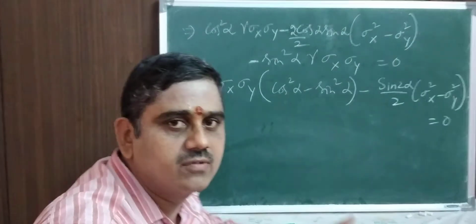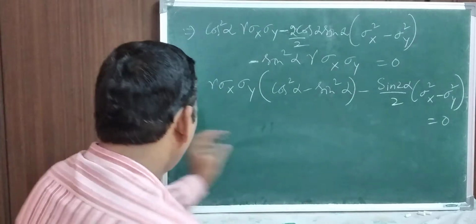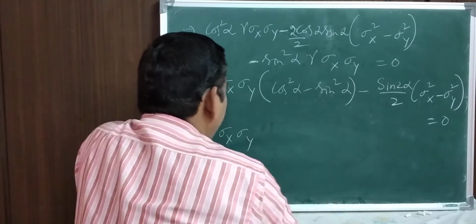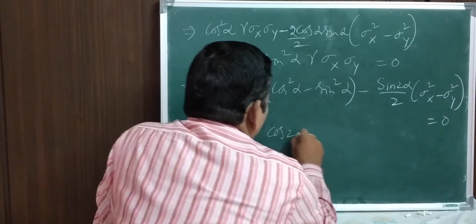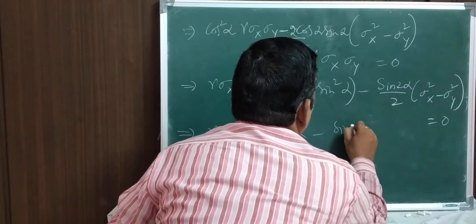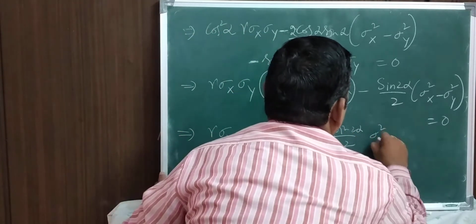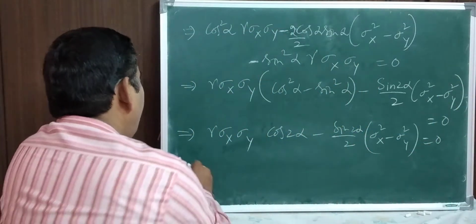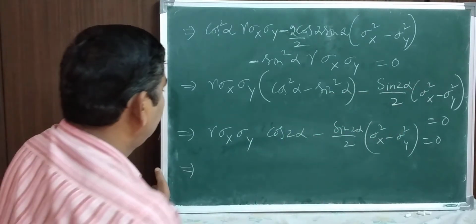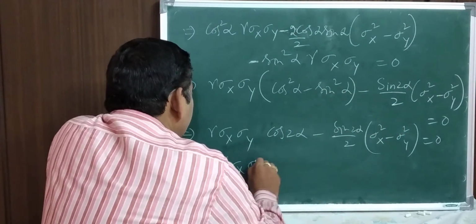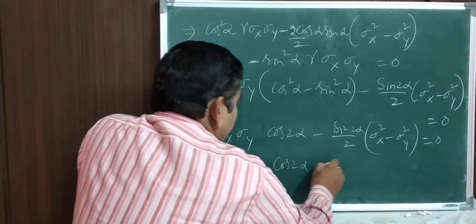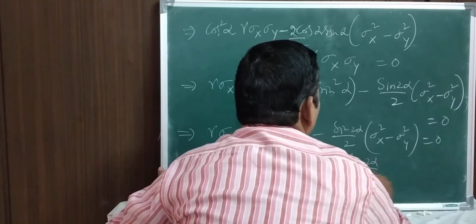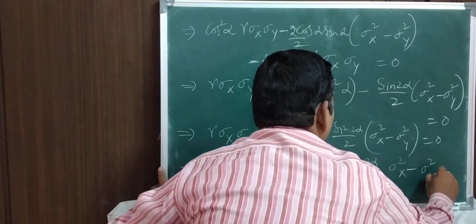Which implies r sigma x sigma y multiplied by cos 2 alpha minus sin 2 alpha divided by 2 into sigma square x minus sigma square y is equivalent to 0. Now I take one particular term to the right hand side, so that you will get r into sigma x sigma y cos 2 alpha is equivalent to sin 2 alpha divided by 2 multiplied by sigma square x minus sigma square y.